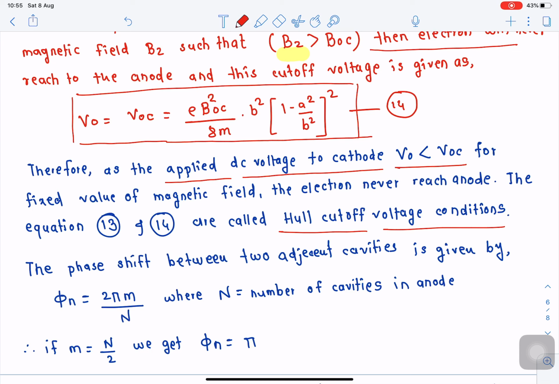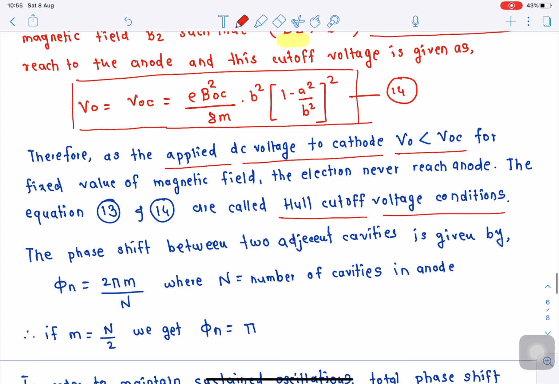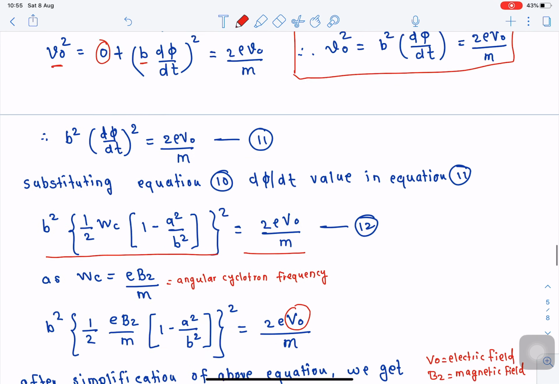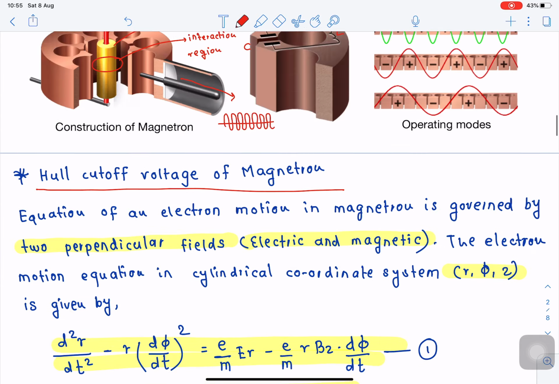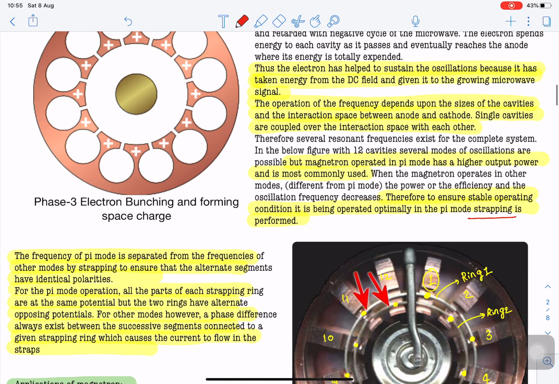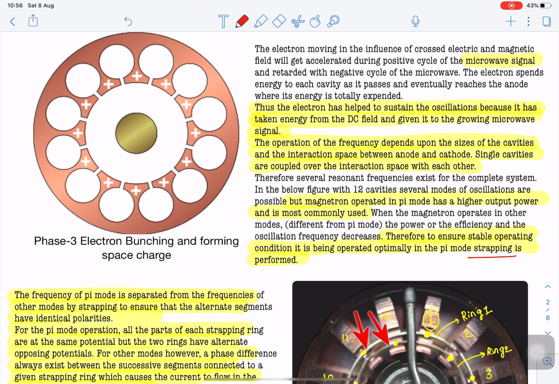Now let us go ahead and see what we discussed, that pi mode operation. Now let us elaborate what we mean by pi mode operation. Actually, the phase shift between two adjacent cavities, so we saw in the earlier diagram that the anode is constructed in the form of multiple cavities, right? Normally these cavities are employed as an even number of cavities, 1 2 3 4 5 6 7 8 9 10 11 and 12.